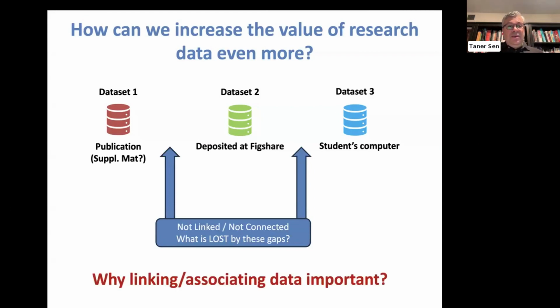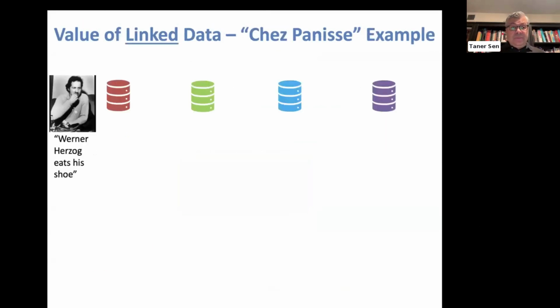So I think it is clear that linking and associating data is important. I want to explain this with one example, the value of linked data. This example I will call Japanese. Japanese is a restaurant in the San Francisco Bay Area.